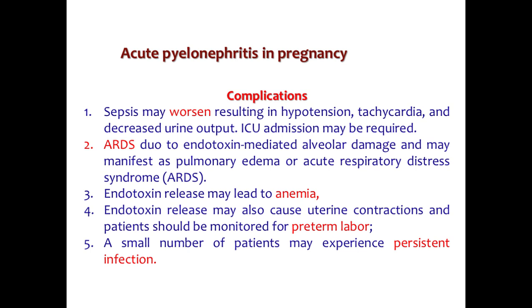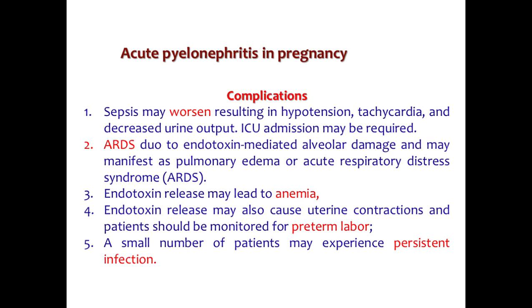These endotoxins are released from the organism, and this is manifested by pulmonary edema with acute respiratory distress. The organism can also release endotoxin into the systemic circulation, which leads to hemolytic anemia and destruction of the RBCs. Endotoxin also causes uterine contraction, which subsequently results in preterm labor.